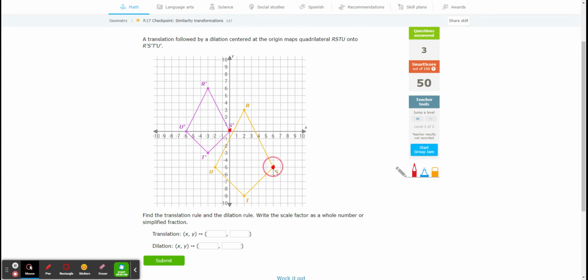So notice S originally started out at 6, -5. So to translate it over here to S prime, I had to go 1, 2, 3, 4, 5, 6. So 6 in the left direction.